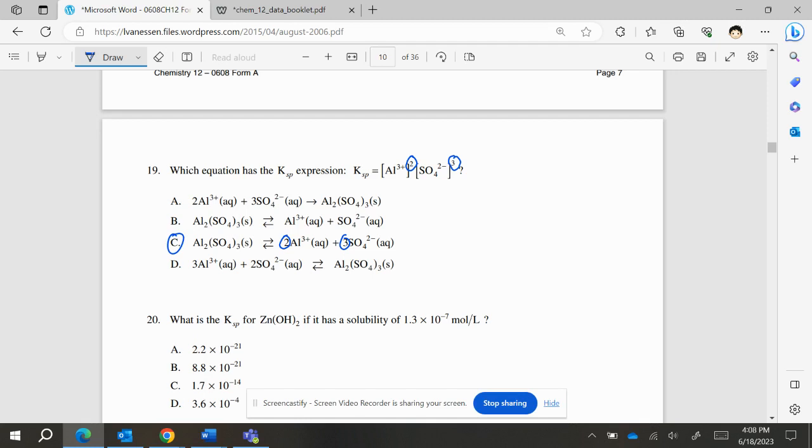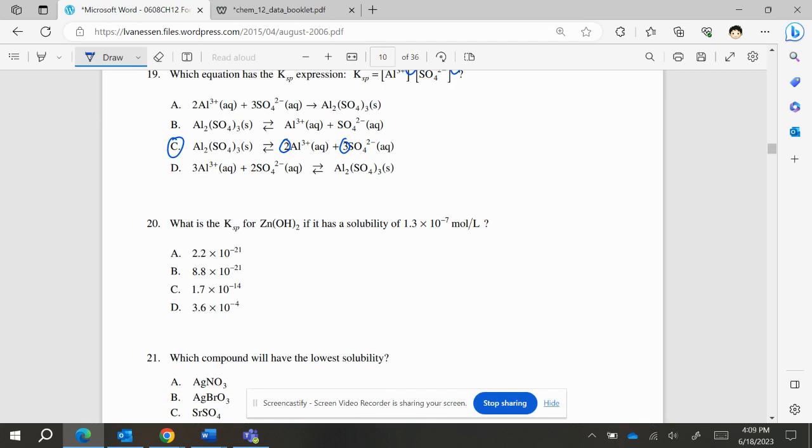Okay. Now, moving on. What is the Ksp for zinc hydroxide if it has a solubility of 1.3 times 10 to the minus 7? So here's zinc hydroxide. Big 2 right there, OH minuses right there.